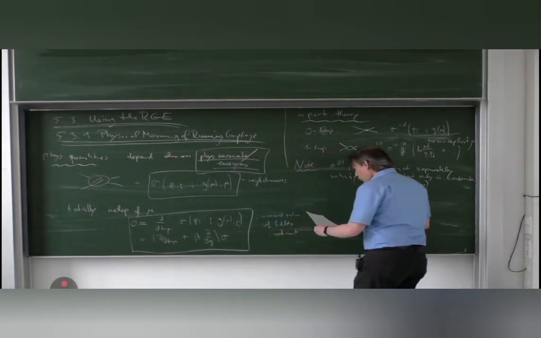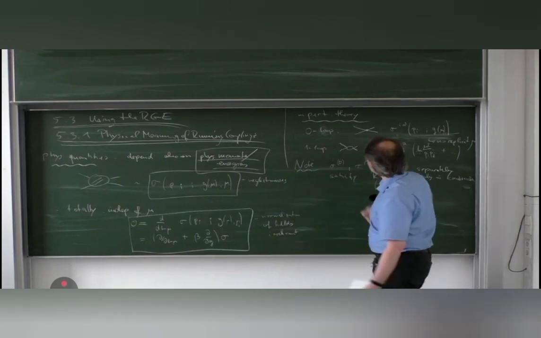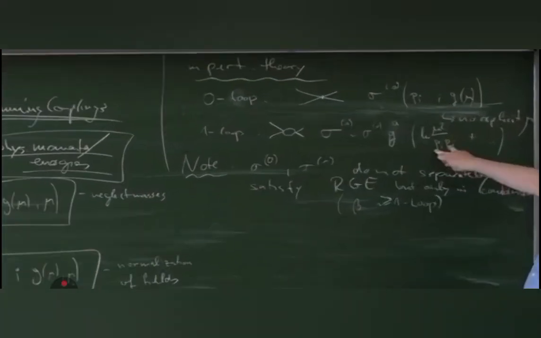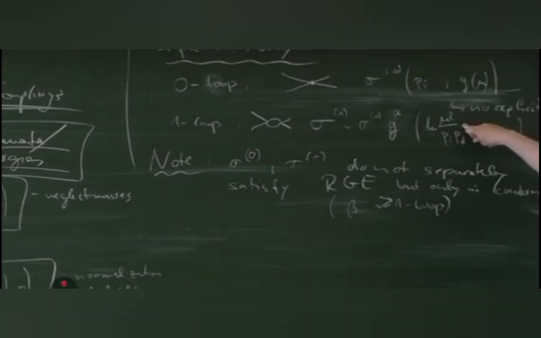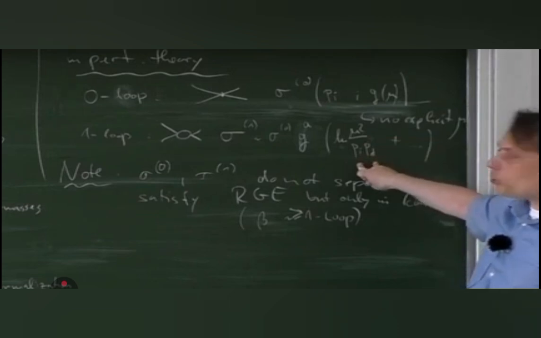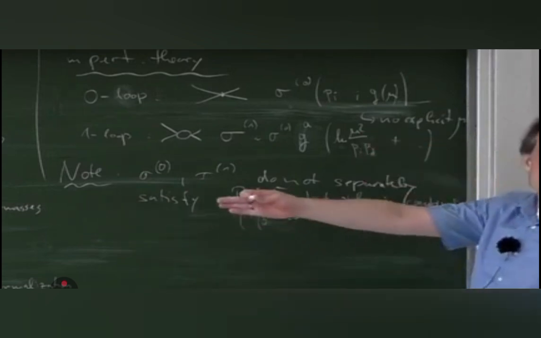Now, what can we say about perturbation theory? Perturbation theory at the one loop level contains these logarithmic terms, ln mu square over some products of momenta. These logarithms can be large or small depending on our choice of mu. The momenta are given by experiment.